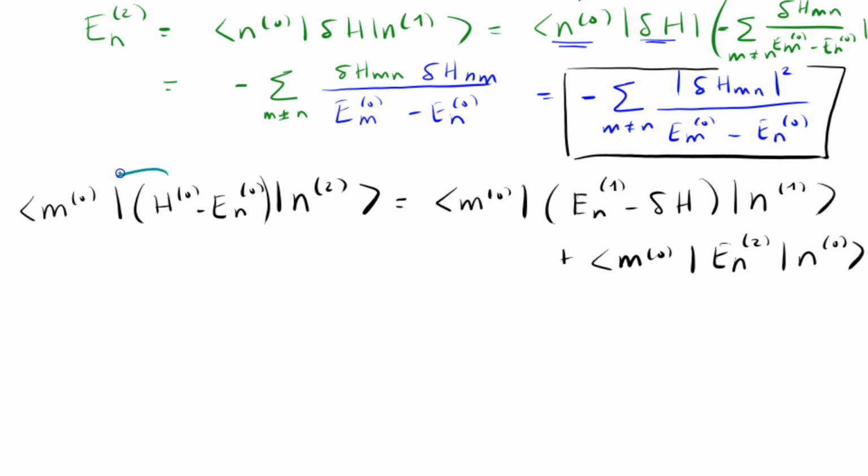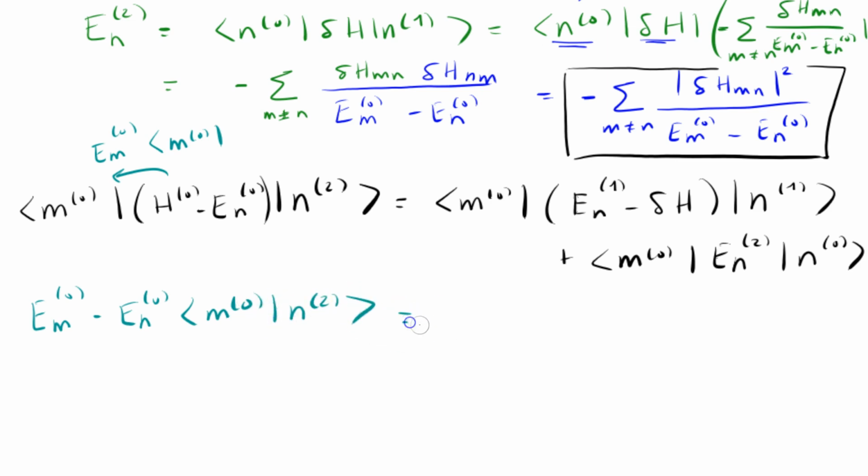First things first. This guy acting on that, same thing as always, em0 and then m0. So the left-hand side is going to be em0 minus en0, and then the matrix element of the second order correction with the basis state. And then this guy, what is this going to give us?